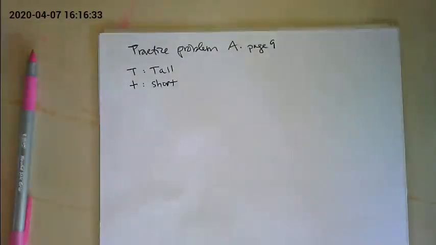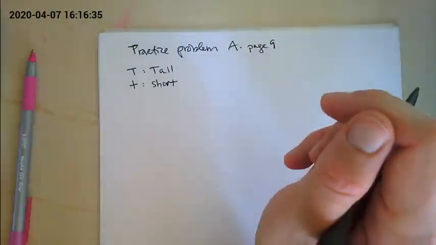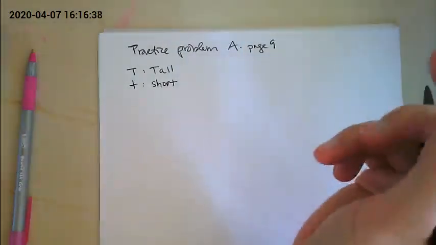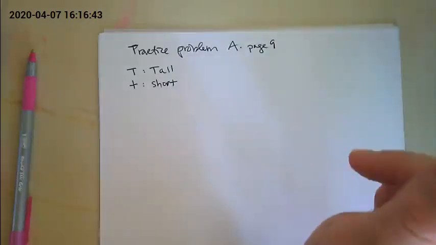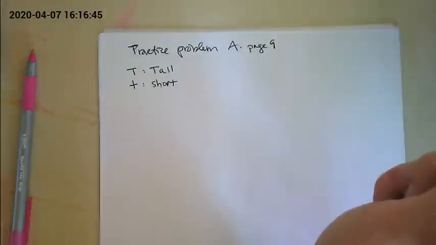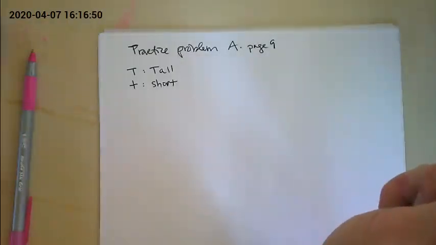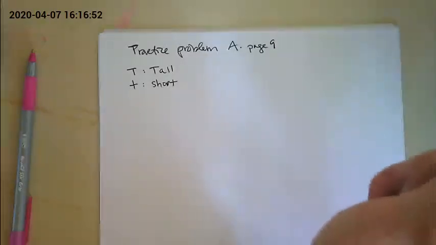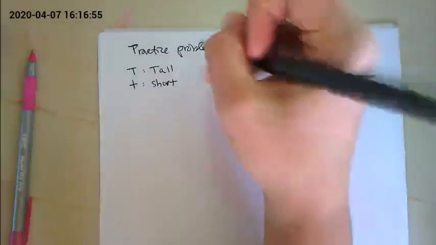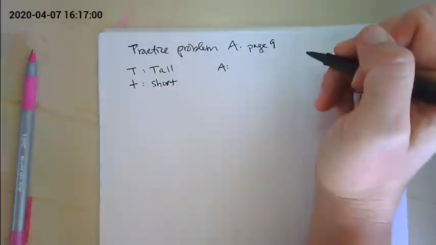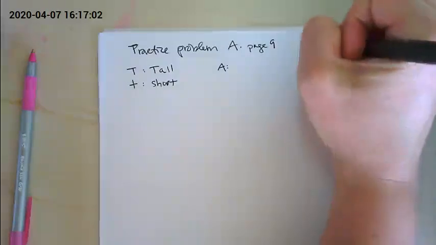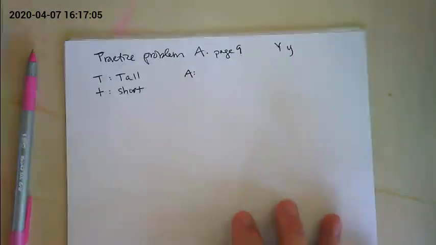Okay. And then the next, we're talking about flower color, yellow and orange. And I actually don't like to use Y's or O's because the uppercase version of both letters looks a lot like the lowercase version of those letters. So I don't like that. So we're going to use A's instead. So if this is confusing to you, then go ahead and use Y's. Let's give it a go.